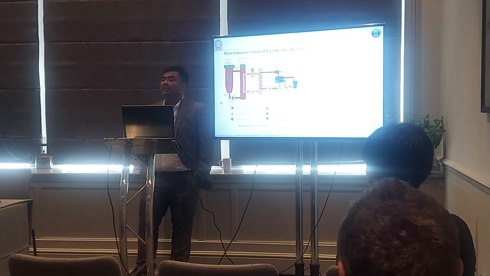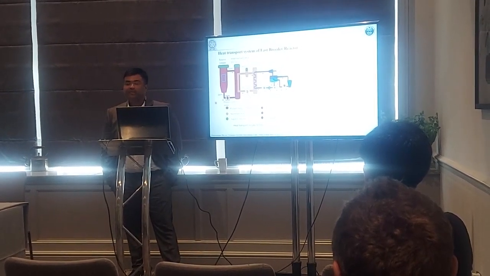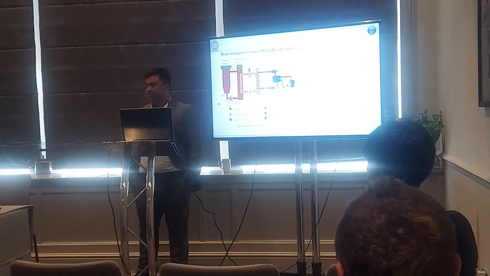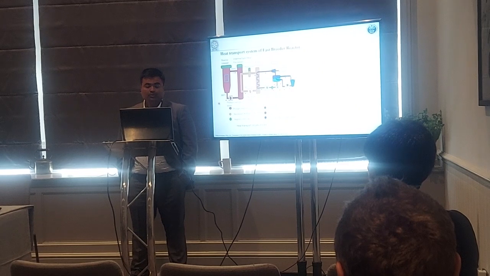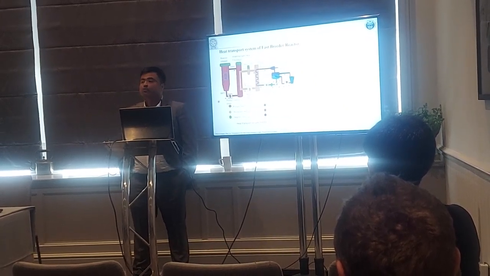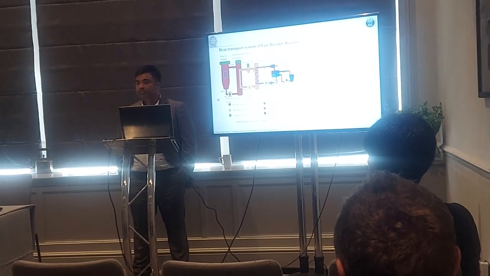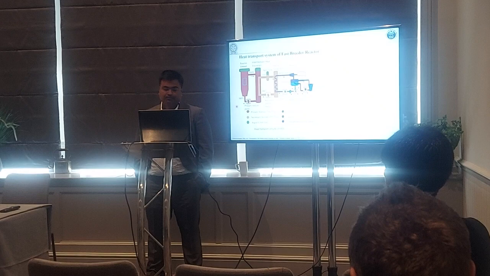And in a transient condition, when some pumps fail, it reaches up to 650 degrees Celsius. So there is a requirement to select the most suitable material, which has better creep strength at 650 degrees.